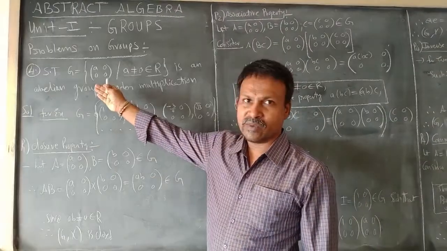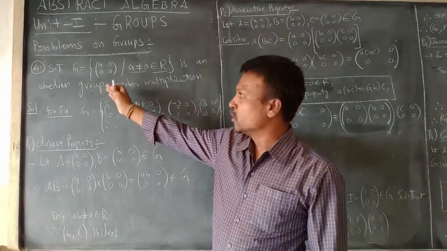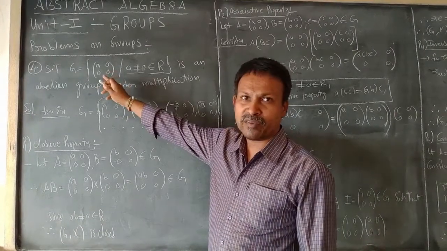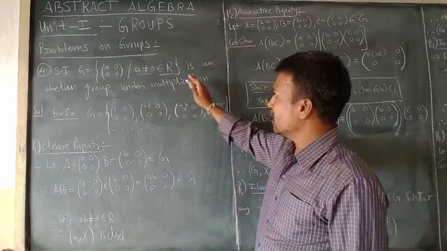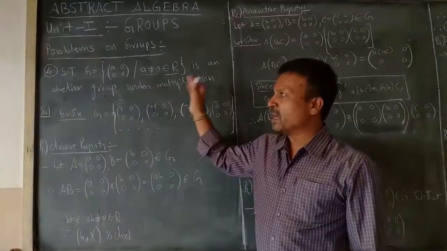So, I will read this question once again. Show that G is equal to the set of matrices in the form of A, 0, 0, 0 such that A not equal to 0 belongs to R is an abelian group under multiplication.